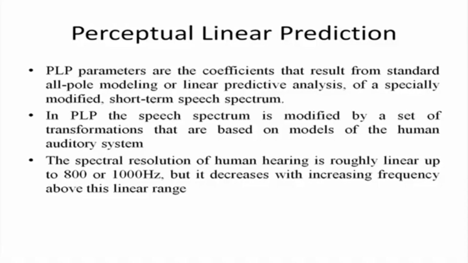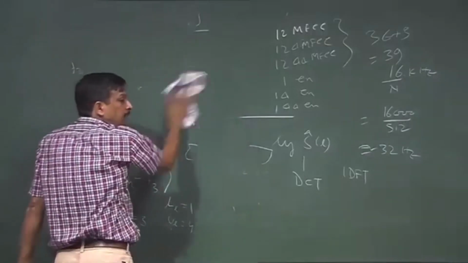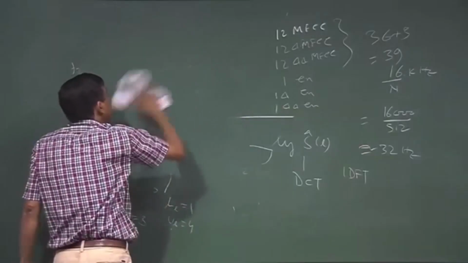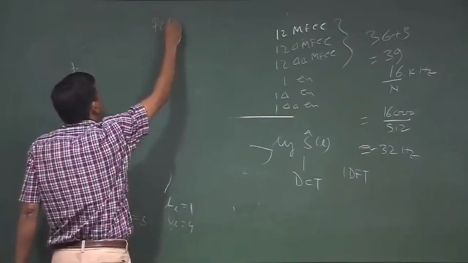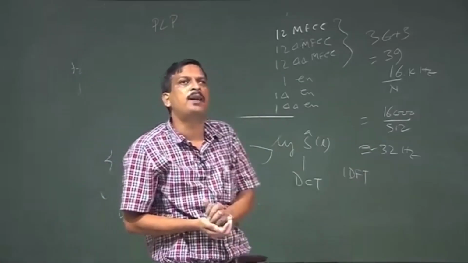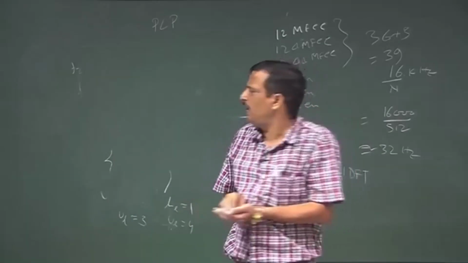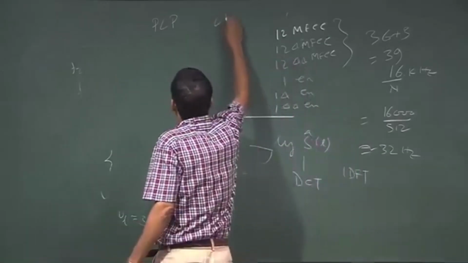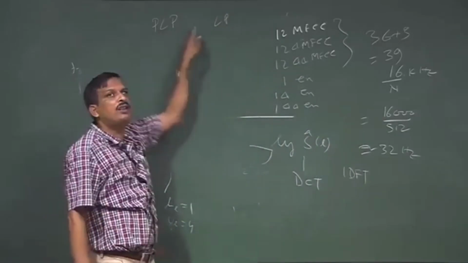Next is PLP, very much perceptual. PLP, perceptual linear prediction. So, what is that part? Linear prediction we know, LP, linear prediction you know. So, what is perceptual linear prediction?